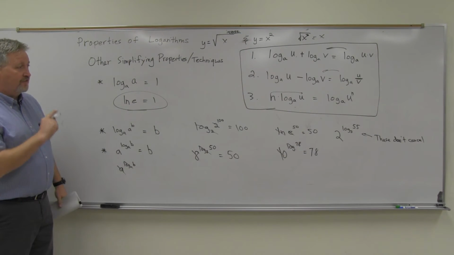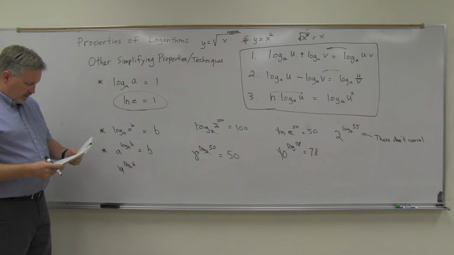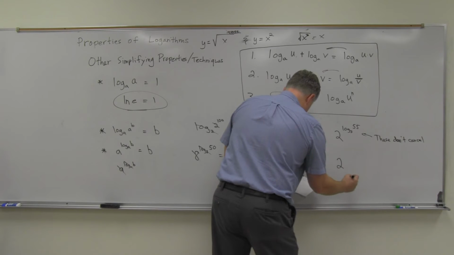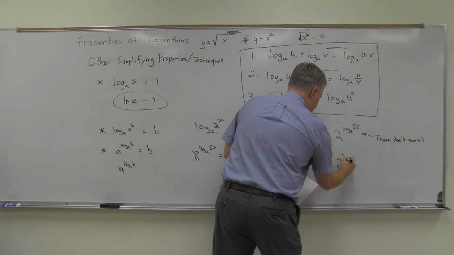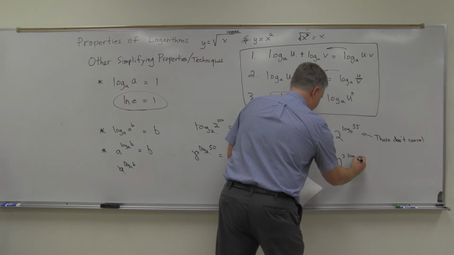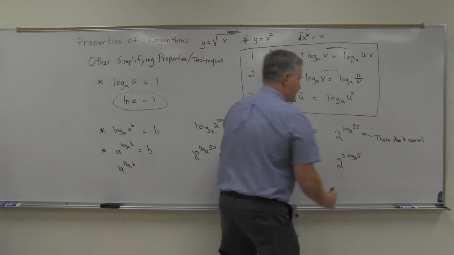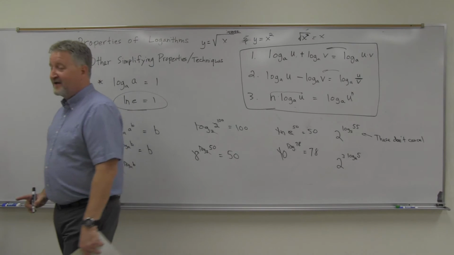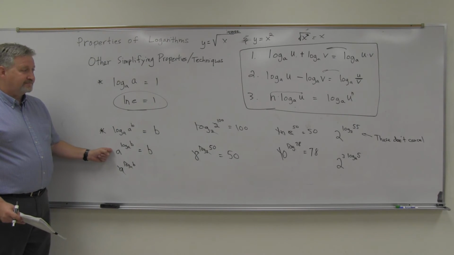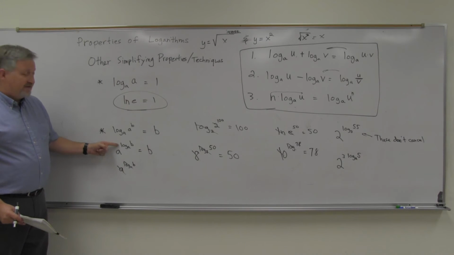And then one other one. Let's just use the 2 again: 2 to the 3 log base 2 of 5. Now be careful. For this property to work out, you don't need a number in front there.